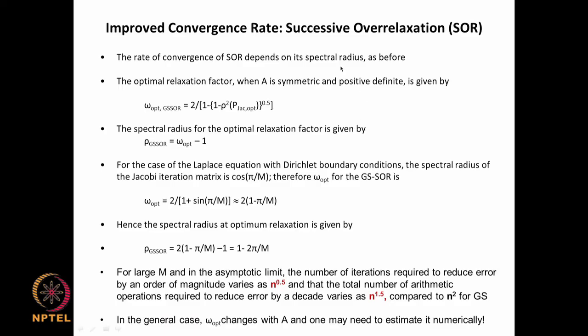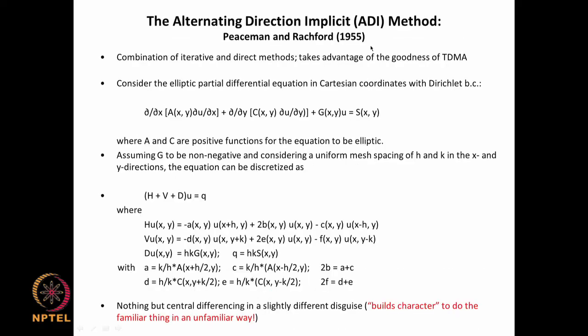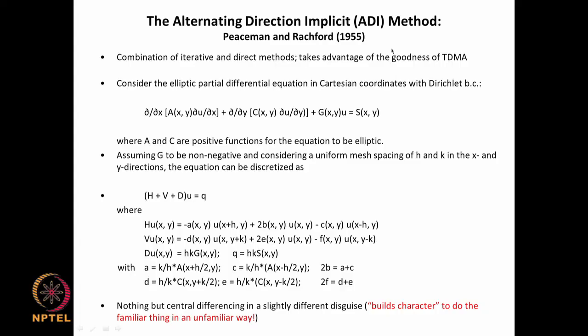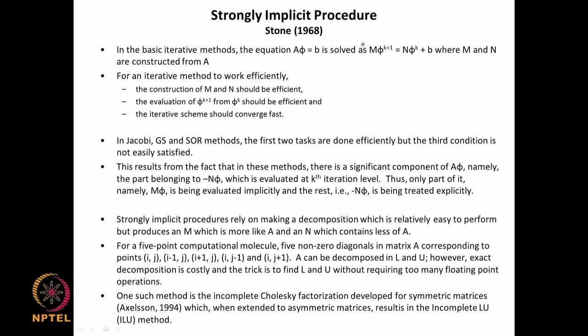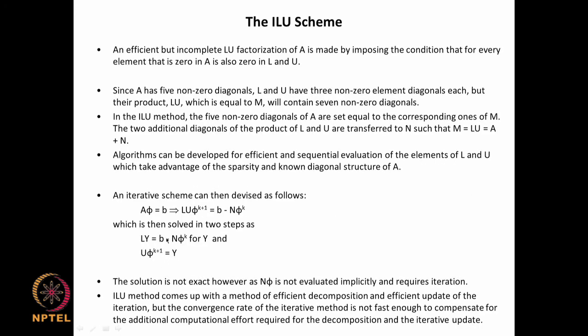One is over relaxing the step size, okay, the correction delta x that we get from Gauss-Seidel method, which is the successive over relaxation method, and we also try to make use of the efficiency of the TDMA in the ADI method, and this particular idea that we looked at in this lecture tries to take advantage of the efficiency of the LU method in getting a solution fast by successive forward and backward substitution, especially which this method is divided in such a way that it takes advantage of the sparsity and known diagonal structure of A.